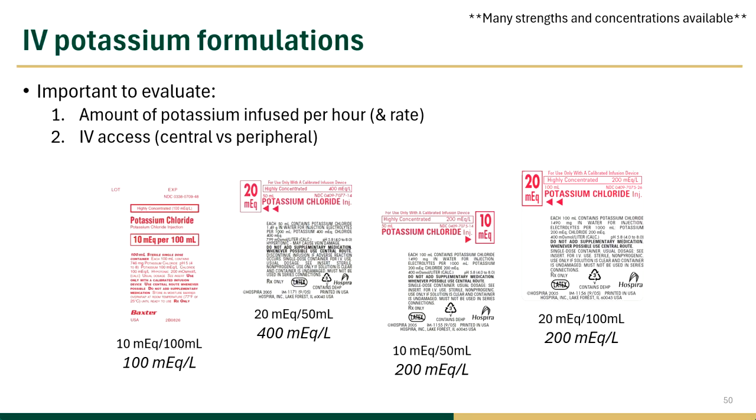This is 10 per 50, which is 200 milliequivalents per liter. And this is 20 per 100, which is 200 milliequivalents per liter. Those bags may look the same, but they're very, very different in nature, and very different in how you would give them.